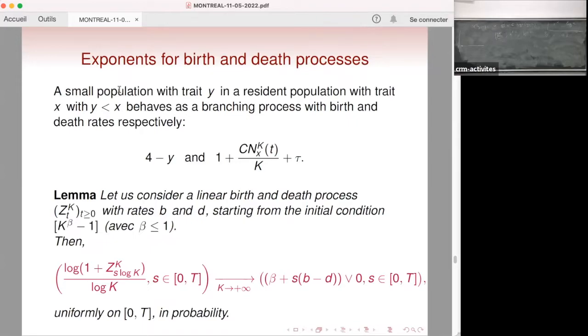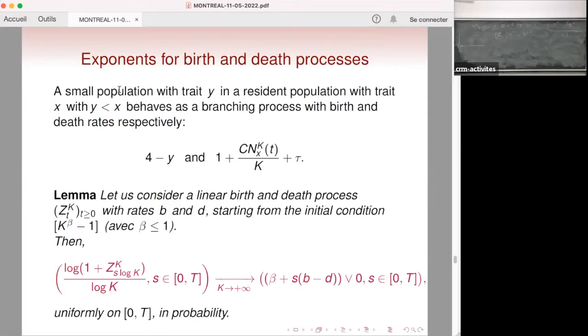In this case, from the point of view of y, its subpopulation will be a branching process with birth rate 4 minus y, and death rate 1 plus the competition term plus the mutation rate, because you only transfer unilaterally and x is larger than y. So an individual with trait y can be changed into an individual with trait x, but the contrary is not possible.